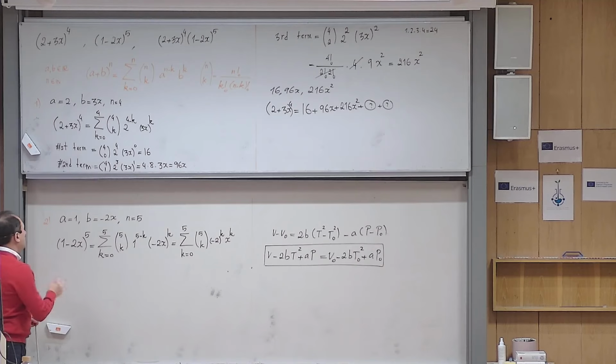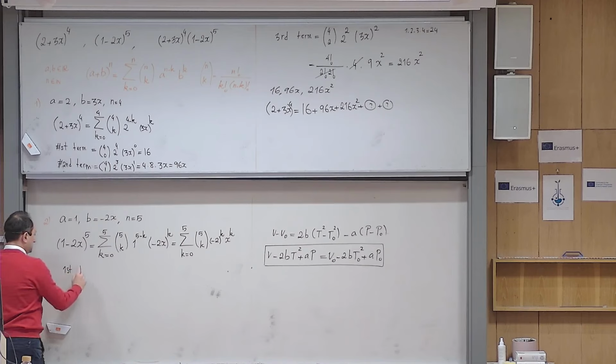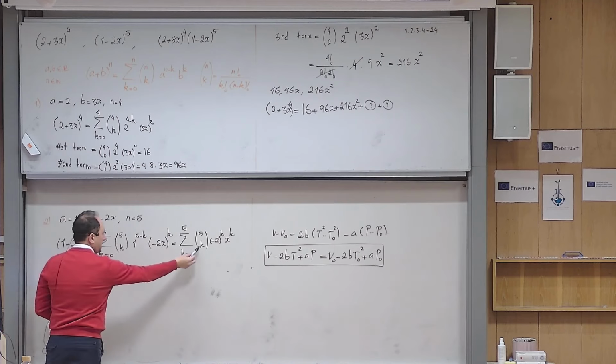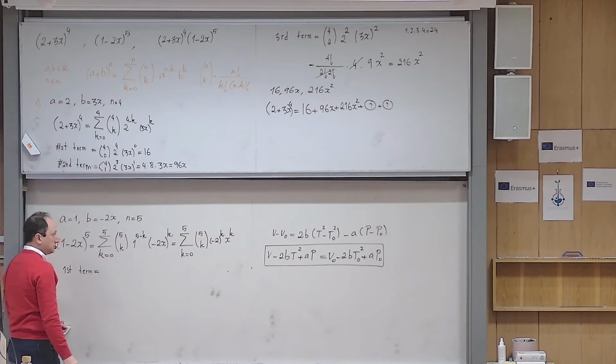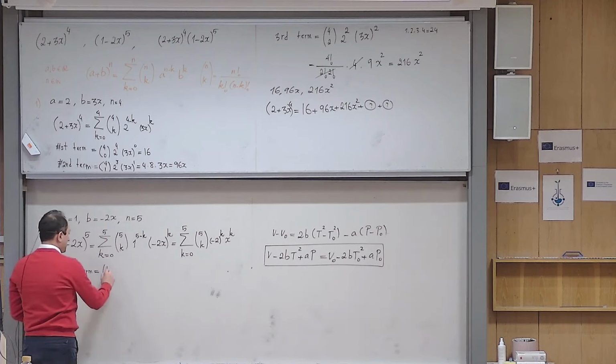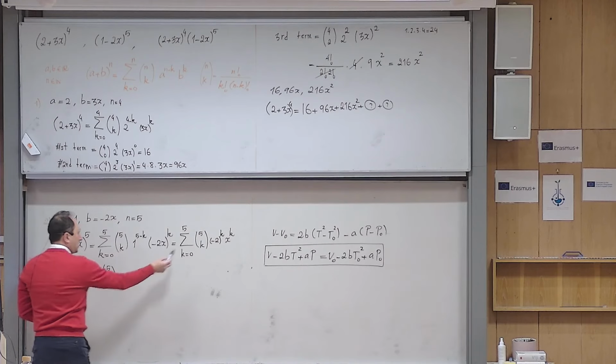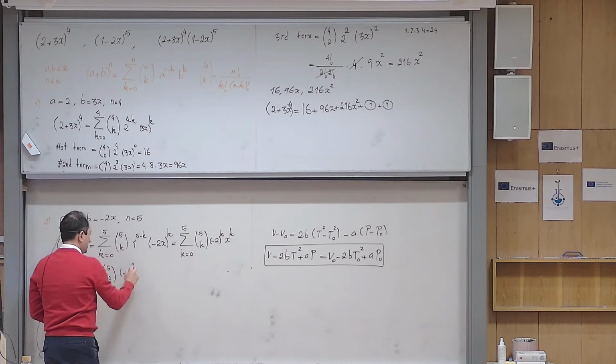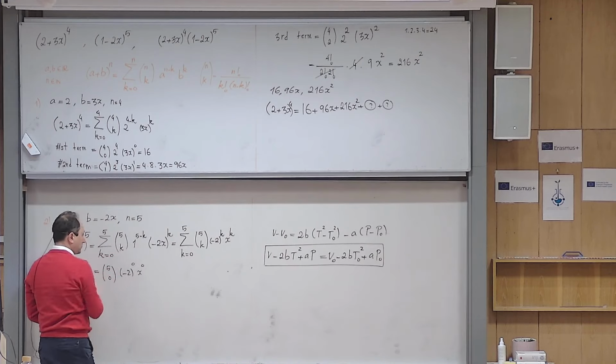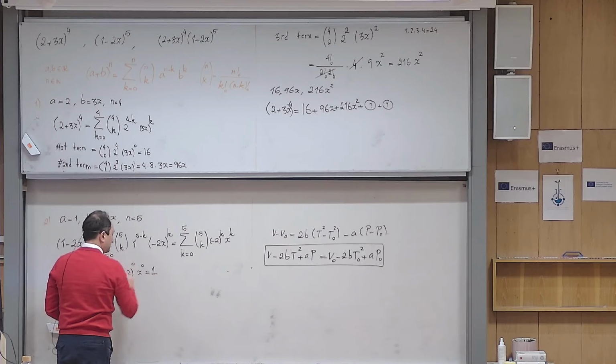So again, I want to have the first term. It means that I replace k with 0. So this becomes 5 choose 0, minus 2 to the power 0, x to the power 0. This is 1, this is 1, this is also 1. So this becomes 1.